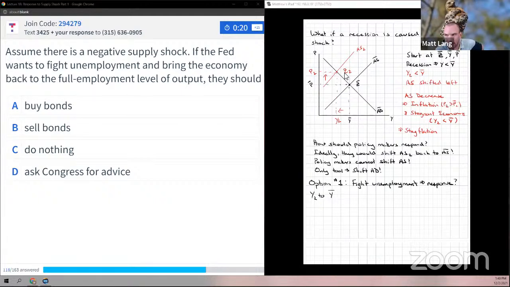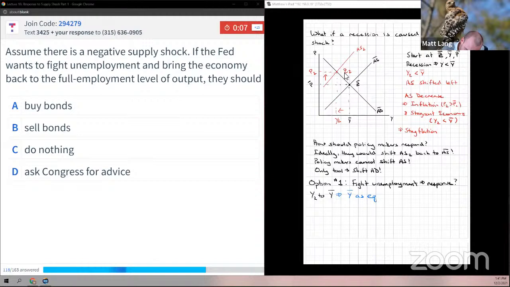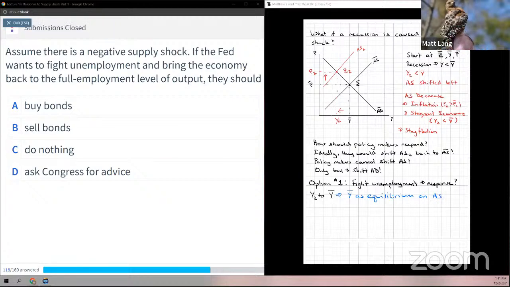So we've got to have Y bar as our equilibrium, but we can't change AS2, so we're going to stay on AS2. But Y bar has to be our equilibrium.